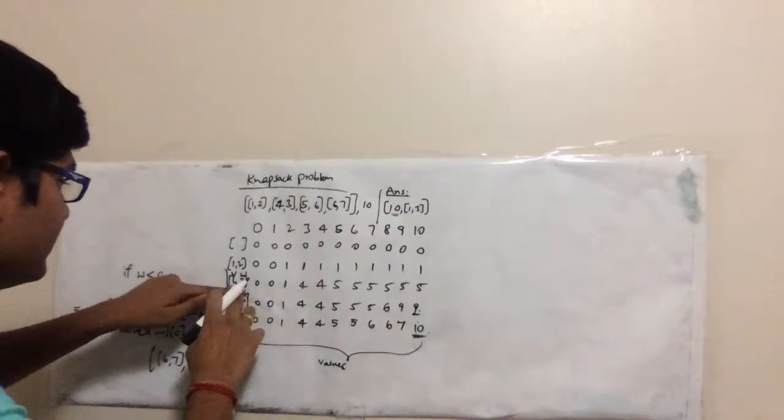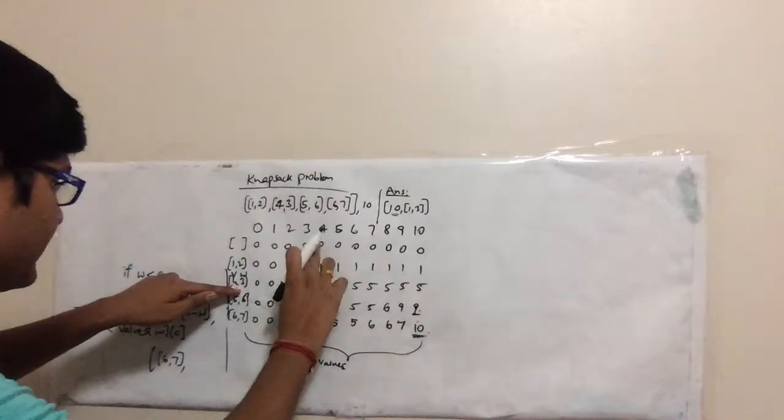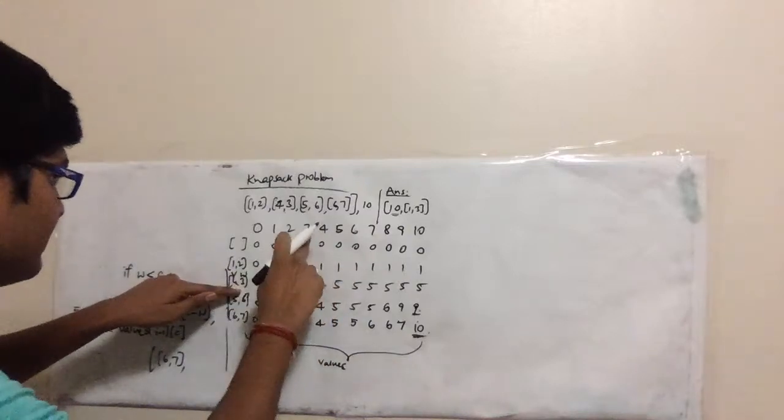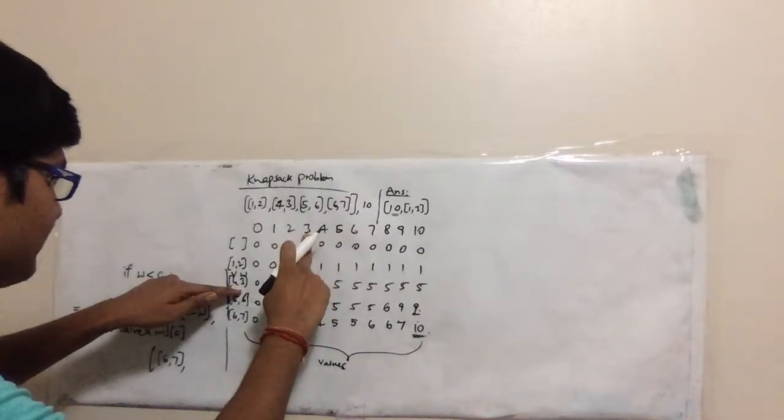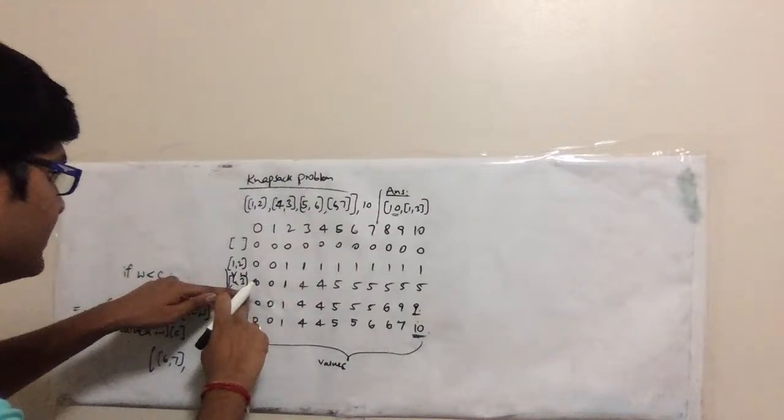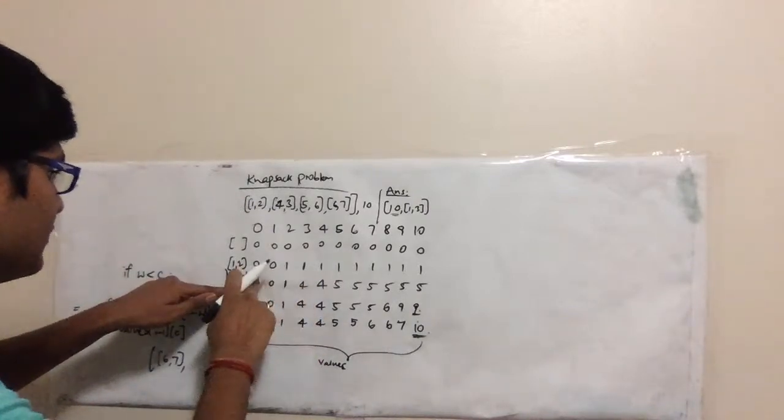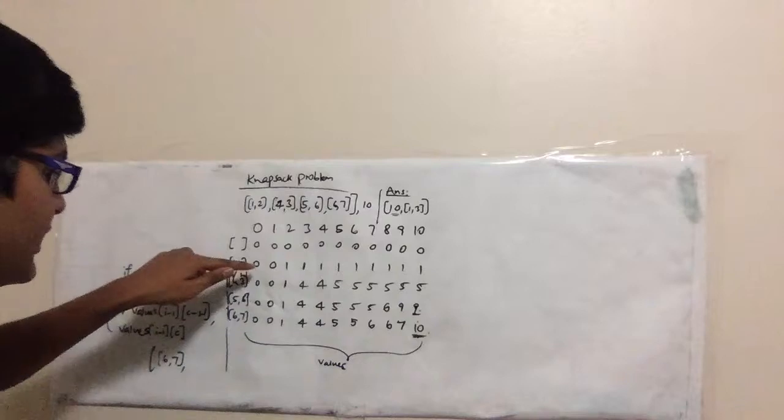From here we subtract the weight: capacity minus weight, 3 minus 3, goes to 0. So we have reached 0 items.